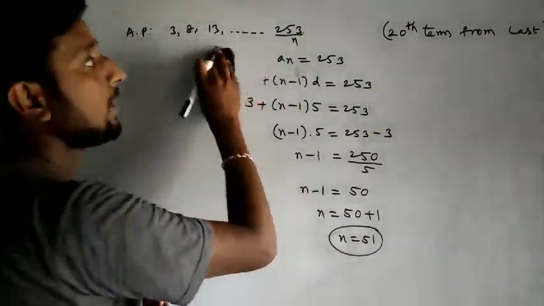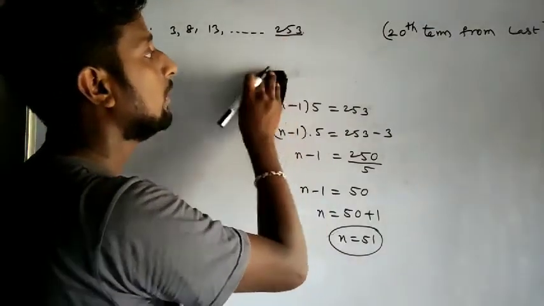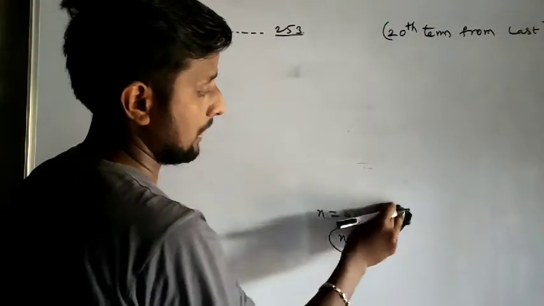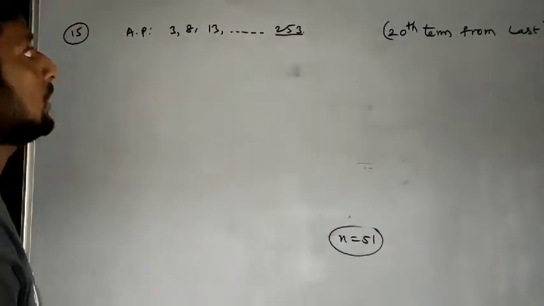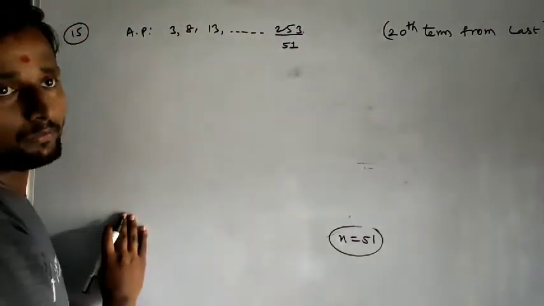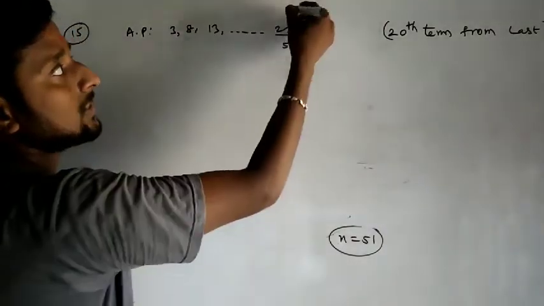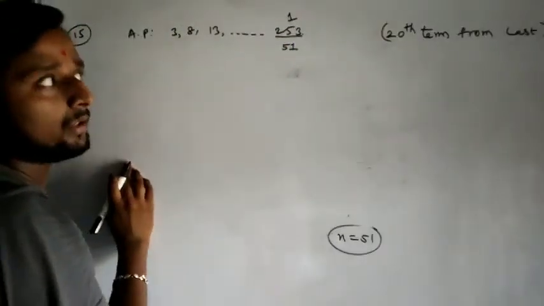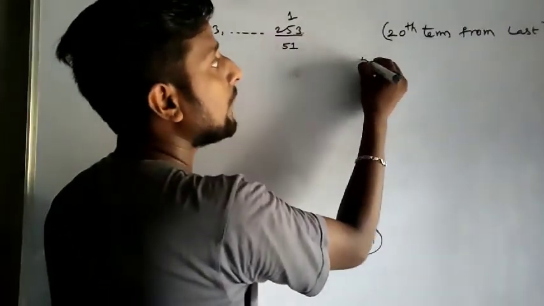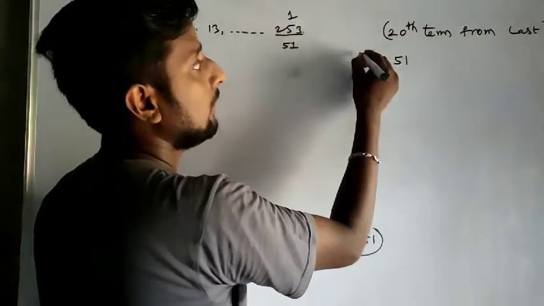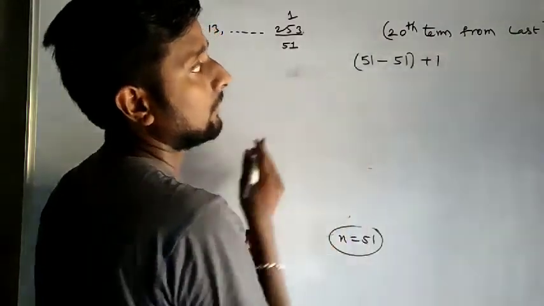Okay, so now my question is, in total we have 51 numbers. So if you look straight away, it is the 51st term, correct? But if you look from last, it is the first term. So how do you get number 1? I can write 51 minus 51 place, this one, plus 1, correct?